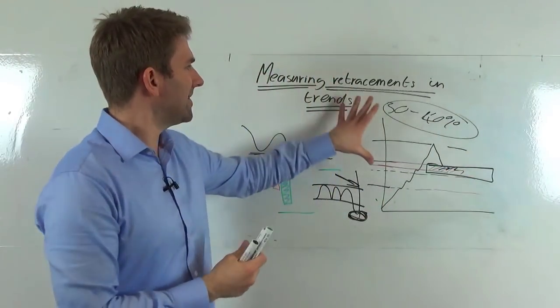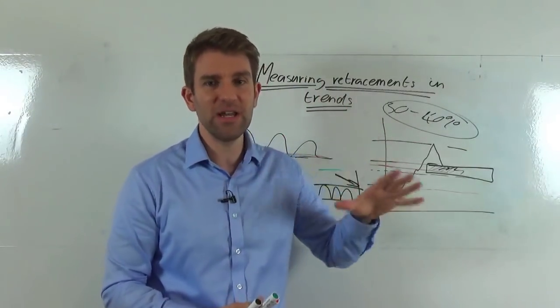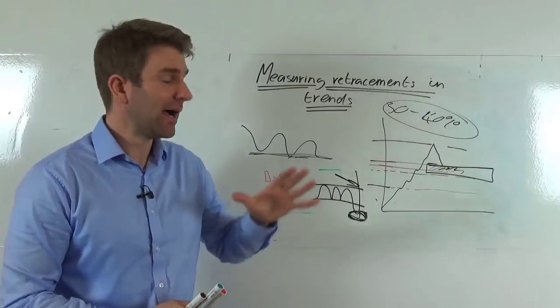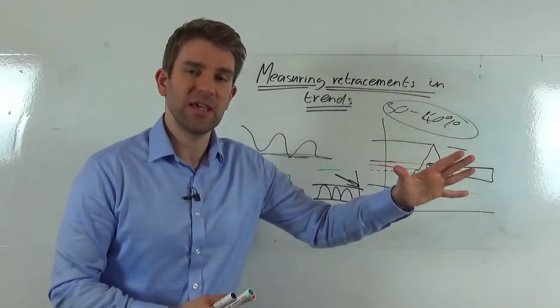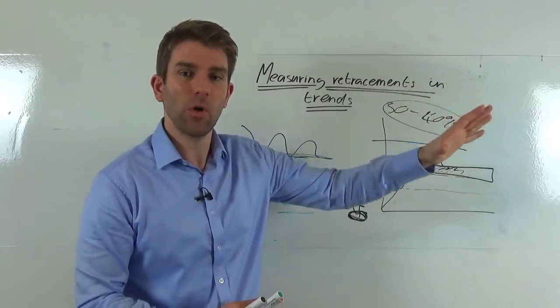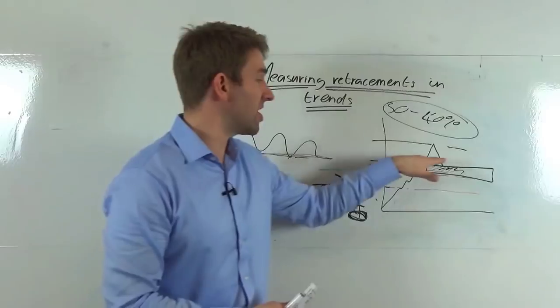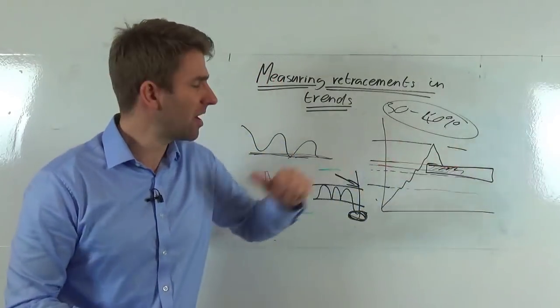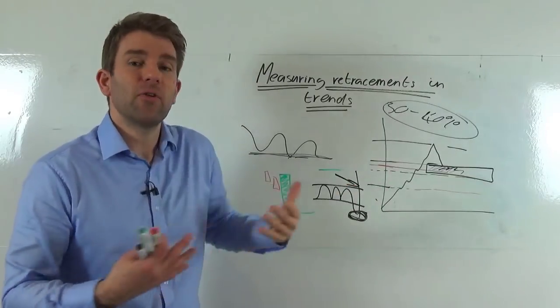So just ideas really on measuring the retracement in trends. I know there's a lot of stuff out there that is trending quite nicely, and this is a good way of not chasing it, because you say, you know what, it can go as far as it wants. I'm waiting for this 30% pullback area, and you can set an alert, and every evening or every couple of days you can move your alert line up, and you don't have to worry about it too much.